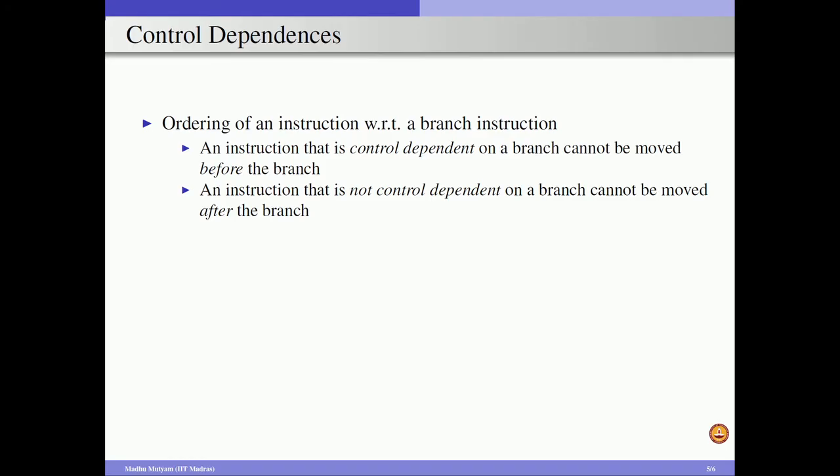As a result, if this instruction is supposed to be executed only when the branch condition is true, that scenario will be violated when we move this instruction out of the branch reach. In other words, any instruction that is control dependent on a branch instruction should not be reordered. It should be kept as it is, so that the branch condition can control the execution of that instruction.